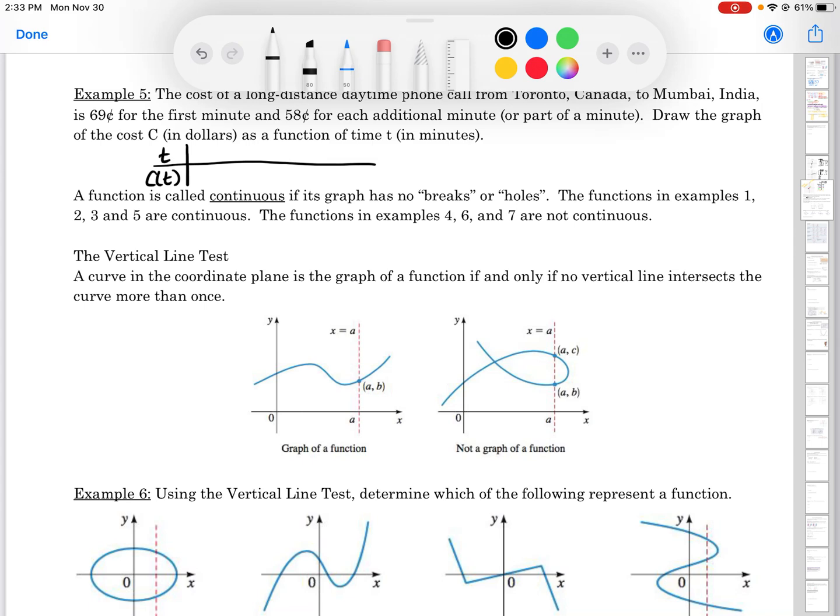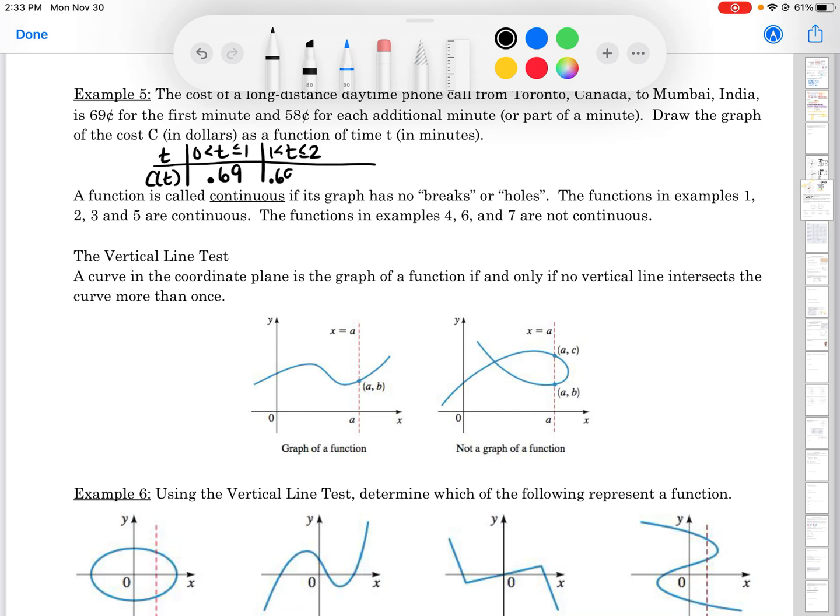So if I spend anywhere from 0 to 1 minute, I'm going to spend 69 cents. If I spend anywhere from after 1 minute, even a second past, until 2 minutes, I'm going to spend an extra 58 cents.